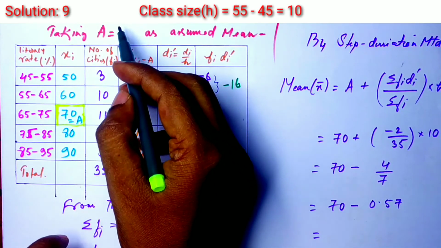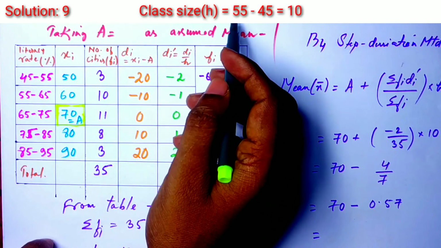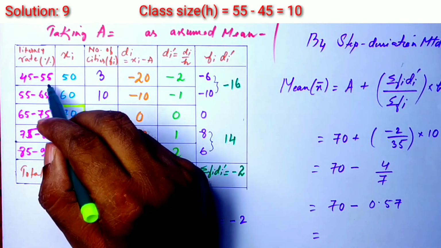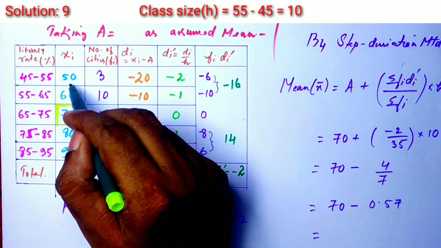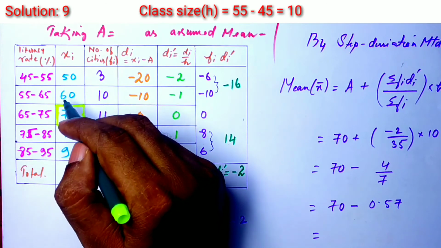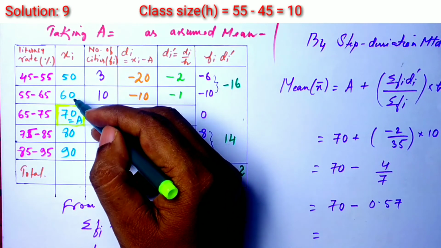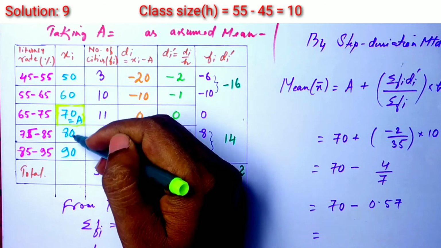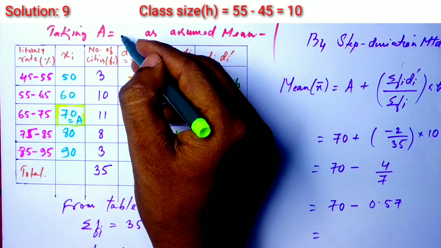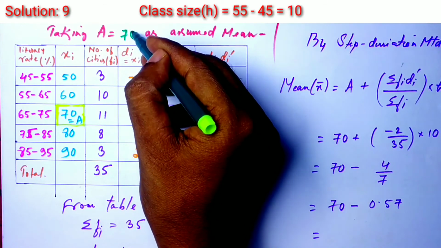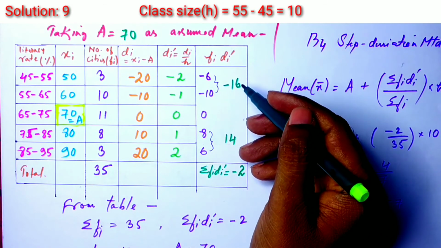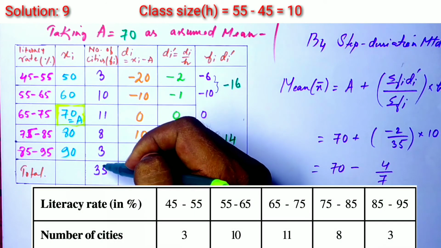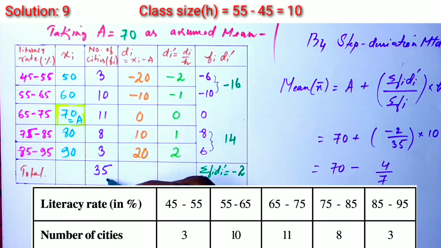Here we have class size 55 minus 45 is 10, and we have the xi values. 45 plus 55 is 100, divided by 2 is 50. 55 plus 65, we add and divide by 2, we get 60, and likewise all the values. We choose 70 as our a value, which is the assumed mean. The number of cities, that is the frequency, is given as 3, 10, 11, 8, 3, which gives a total of 35.